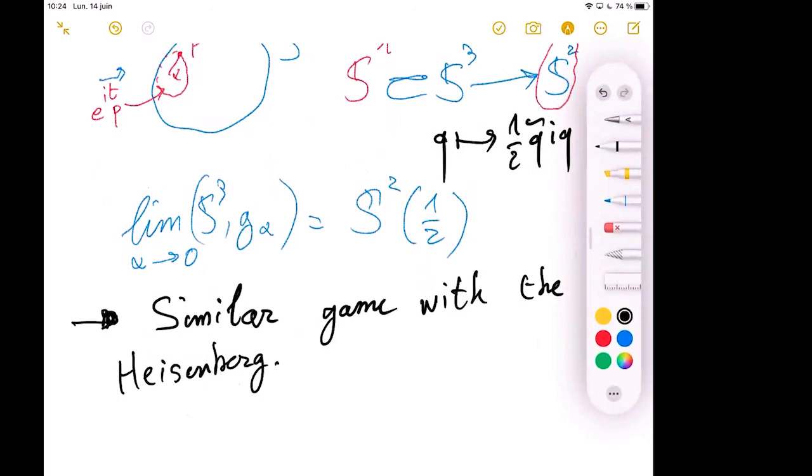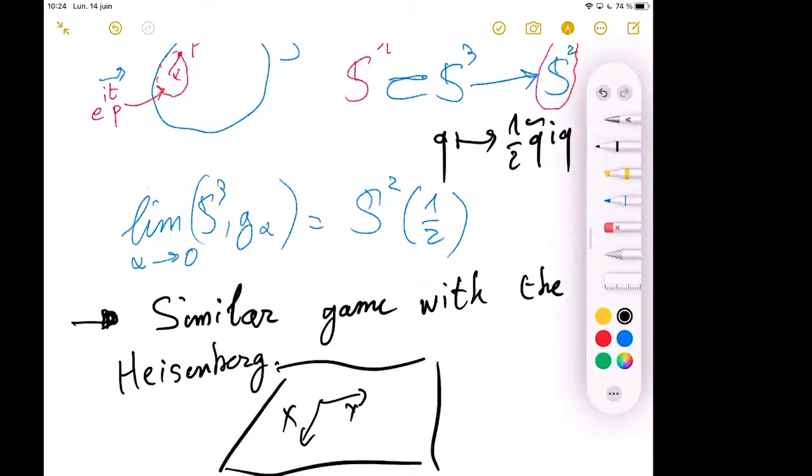So in the Heisenberg group, you have those vector fields x and y, which are inside the plane, and the Lie bracket of x and y is not 0, is vertical, and you can shrink the size of z.